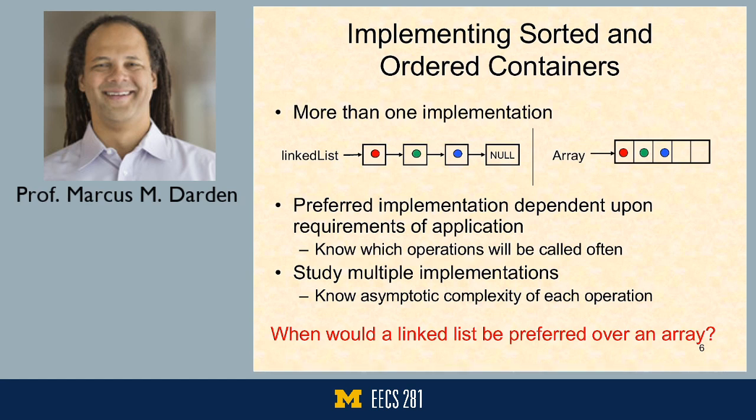So in this case, if I'm looking at maybe some container where I'm repeatedly doing a lot of insertions in many locations, in the beginning, in the middle, in the end, that's a good reason to maybe use a linked list. How about if I've got very large objects, right? So now if I've got a container that holds a collection of very large objects, these very large objects get to be a pain to move in memory because they're so big, right?